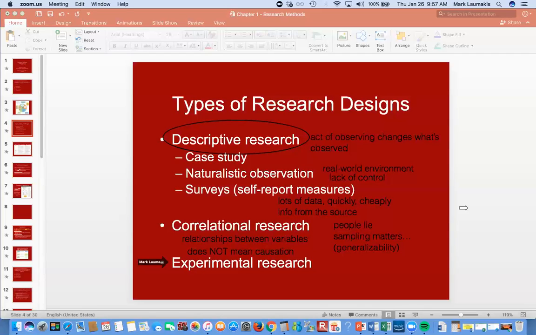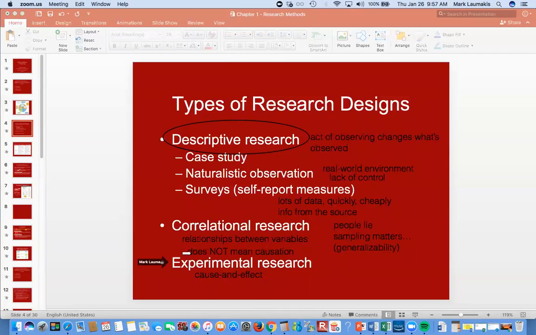Well, maybe I'm a developmental psychologist and I'm interested in the long-term effects of child abuse on people's mental health functioning, okay? If I wanted to show that child abuse causes later mental health problems, I know that I actually have to do an experimental design, right? Because this is the only one down the bottom here that gets me at cause and effect relationships between variables.